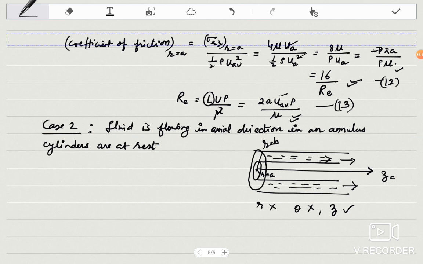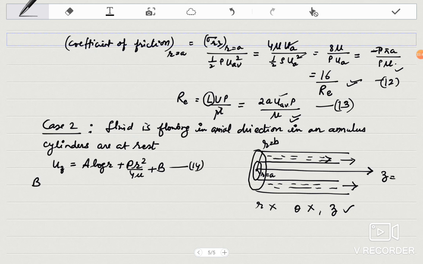This is just the additional condition which is taken here. So we will consider the same u which we obtained in the previous article or case 1. Uz is a log r plus p r square upon 4 mu plus b. This was the velocity distribution which we calculated in case 1. I am just giving it a new number 14.